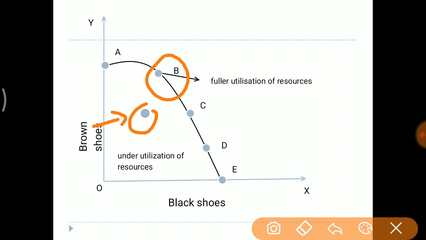Now, talking about potential and actual, if your whole resources have been utilized, you may achieve a level which is actual equal to potential.